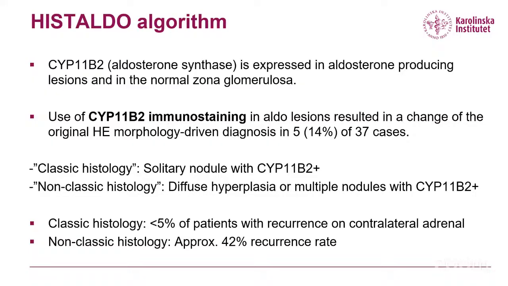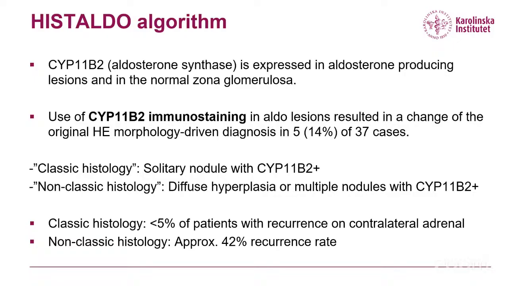So the use of immunostaining for CYP11B2 in these lesions changed the original morphology-driven diagnosis in 14% of cases, using consensus statement and by very renowned pathologists used to diagnosing PA. So without morphology and with immunohistochemistry, 14% of cases changed diagnosis.